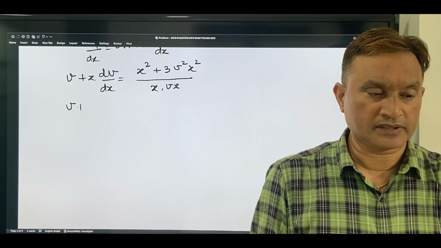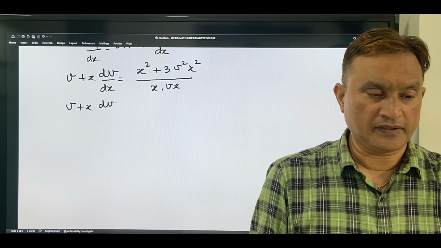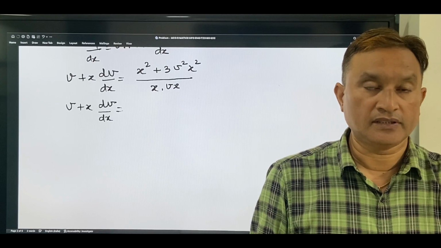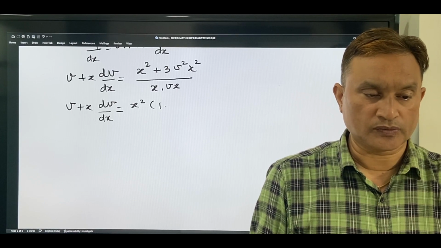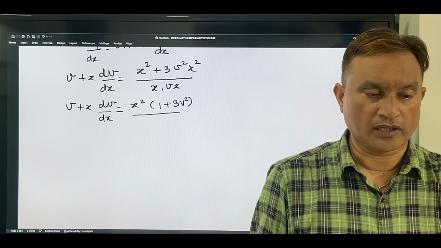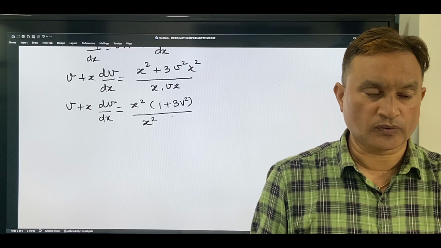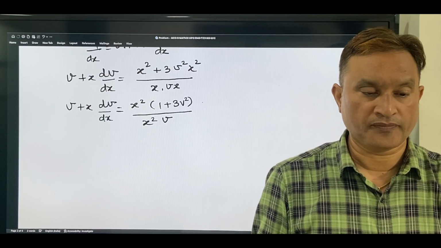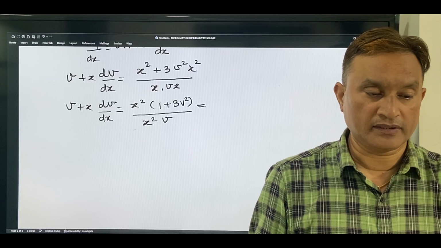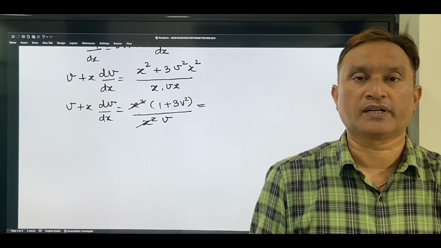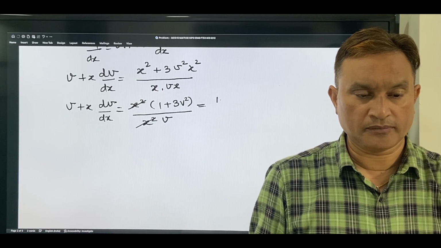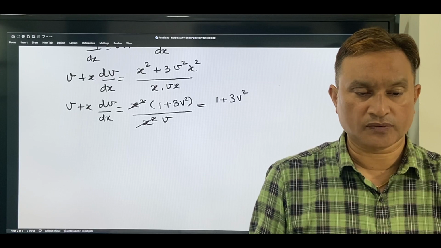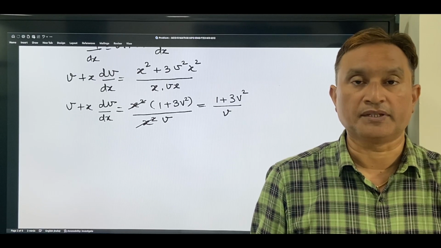So v plus x dv upon dx equals, we'll take x square common, so (1 plus 3v square) upon x square into v. We will further simplify because x square and x square cancel. So (1 plus 3v square) upon v.